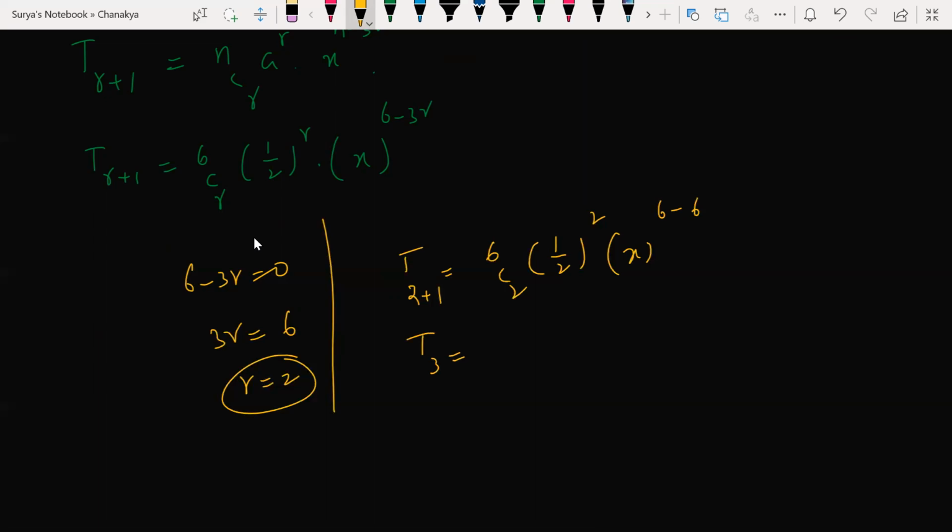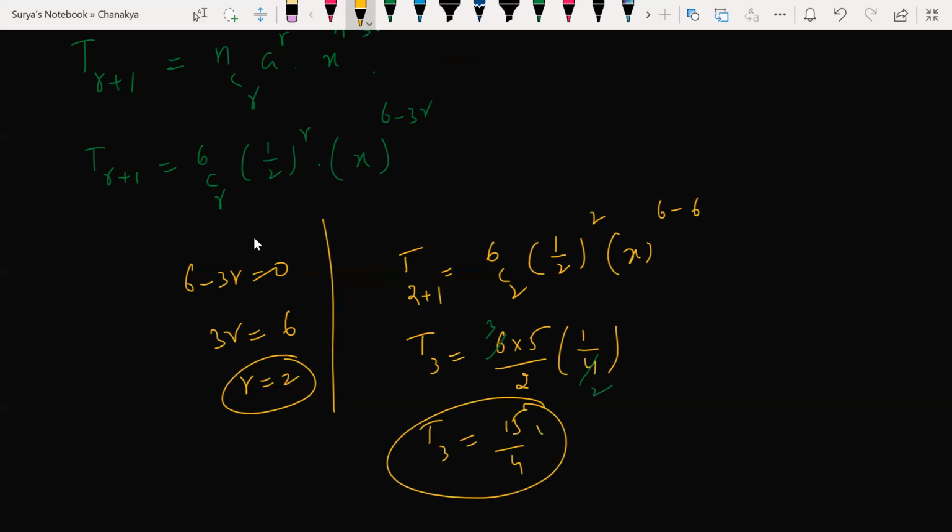T3 is equal to 6C2, 6 into 5 by 2 into 1 by 4, x to the power of 0. X to the power of 0 is 1 only. So T3 is equal to 15 by 4.